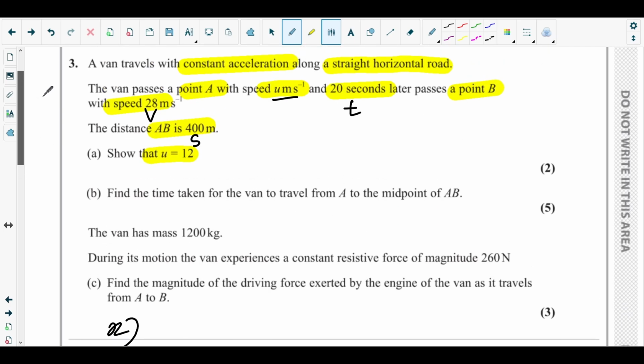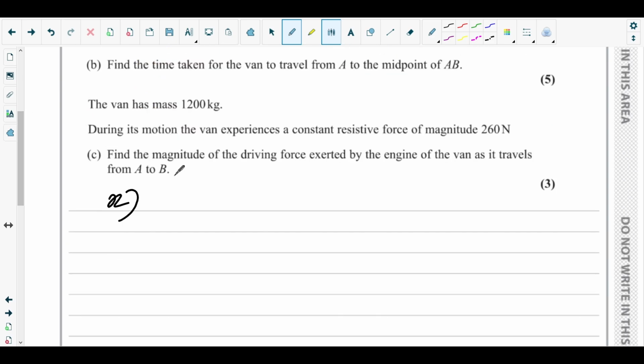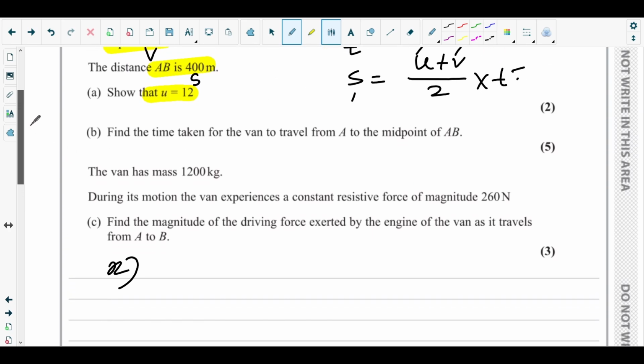So which formula should we go for? We know S, V and T, and we need to find u. So we should consider a formula that has S, V, T and u. S equals u plus v over 2 times t. We have u, v, t and s there. So we will use this formula.